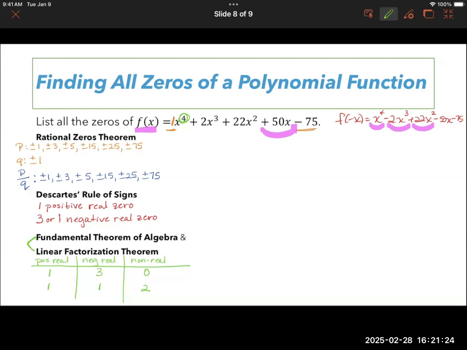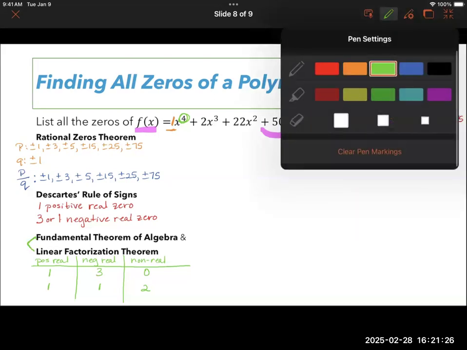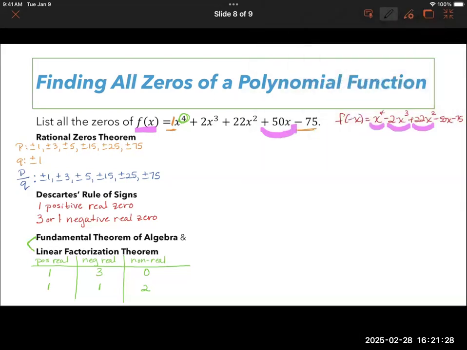All right, so let's start doing the actual work. So we're going to start with our coefficients of 1, 2, 22, 50, and negative 75. If you look at a graph, you can see that it looks like our graph would cross the x-axis around 1.